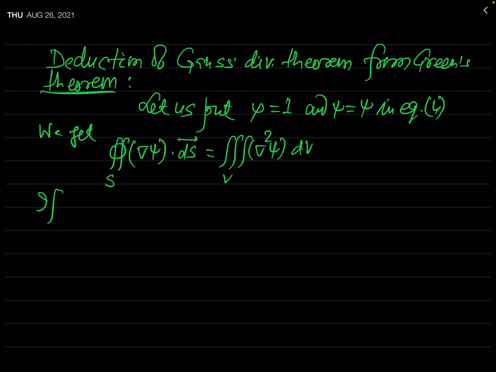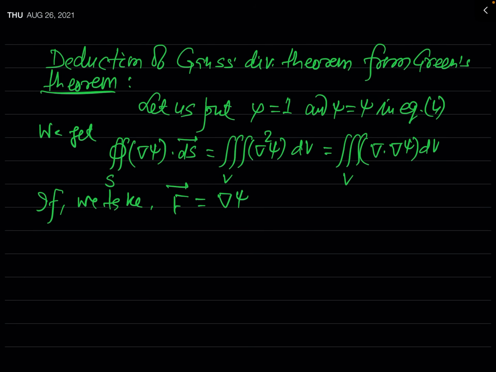Now first of all you can write this RHS in a simplified manner. You may write it in this way, del dot del psi dV. Now if we take a vector function f defined as del psi, that is gradient of psi, then what will be the above result?